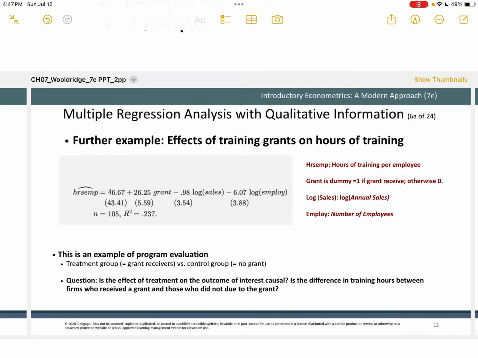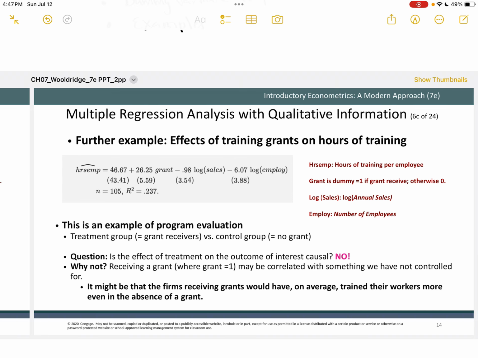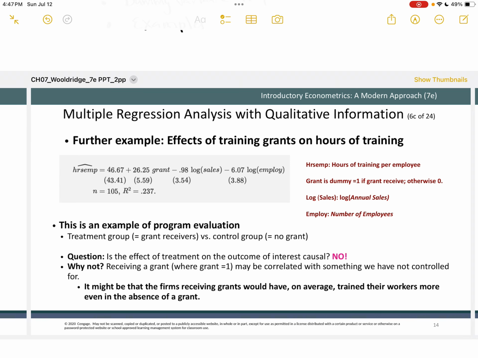Okay, so the next example is linked over about 3 slides. So I'll go to the last slide, which is slide 14. We are looking at the effect of training grants on hours of training. So we have hours of training per employee equal some intercept plus some beta 1 hat times grant. What is grant?